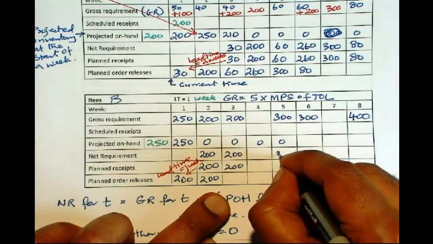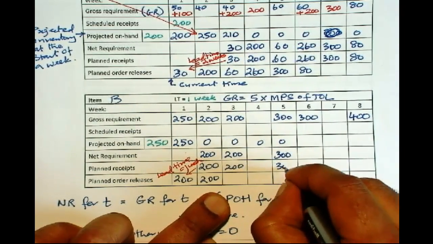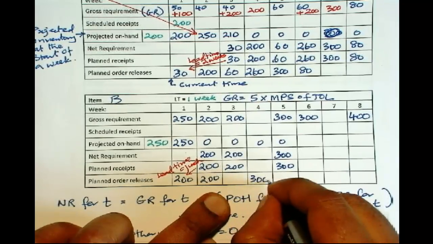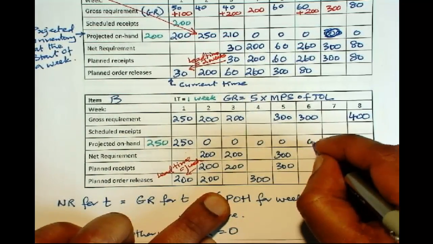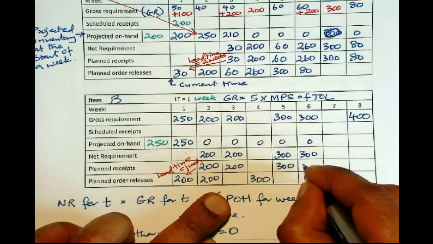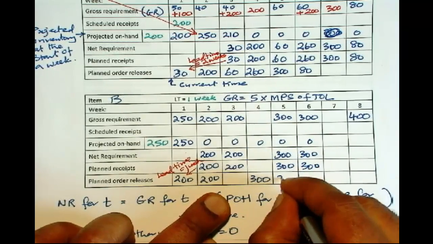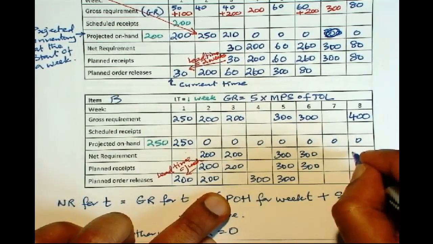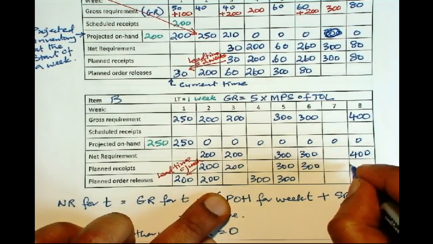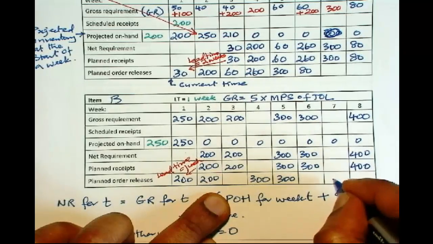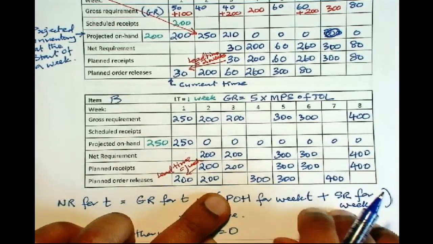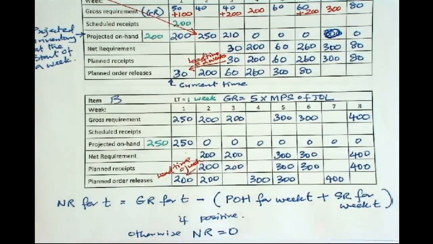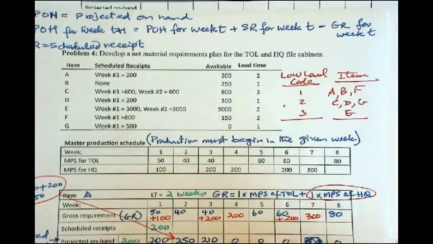So this will give us 300, 300, 300. 300 minus 300 is 0. The computations are very simple, just addition and subtraction, but what's important is that you do it in the proper order and are careful not to make any silly mistakes. Next item is F.